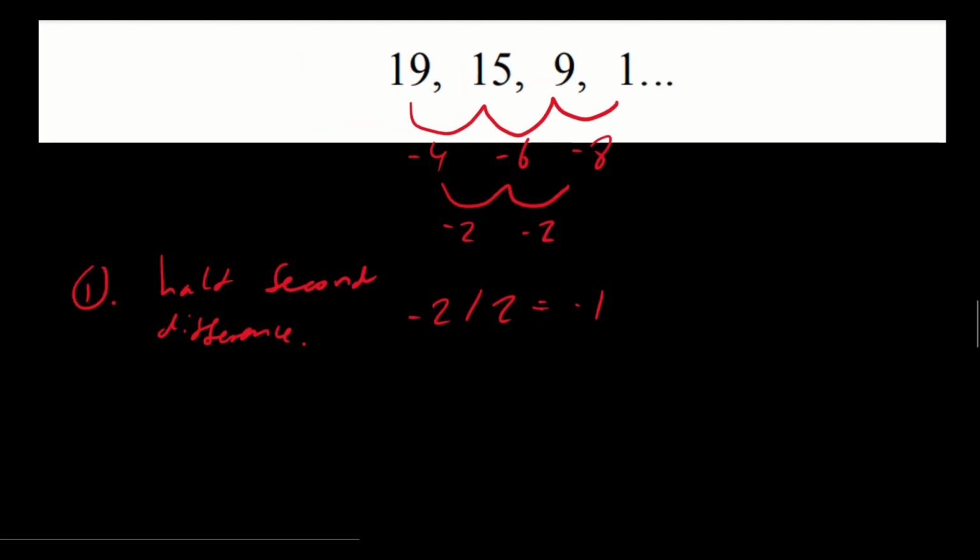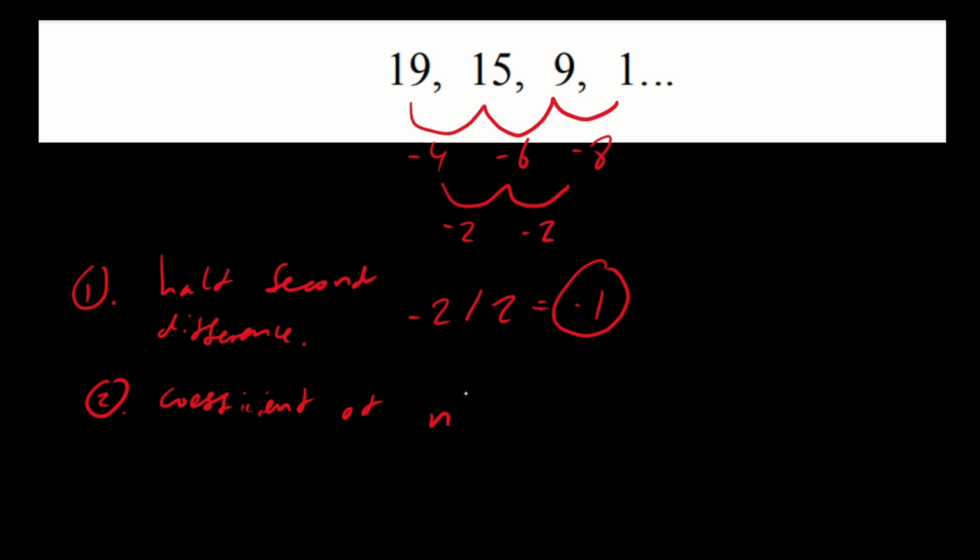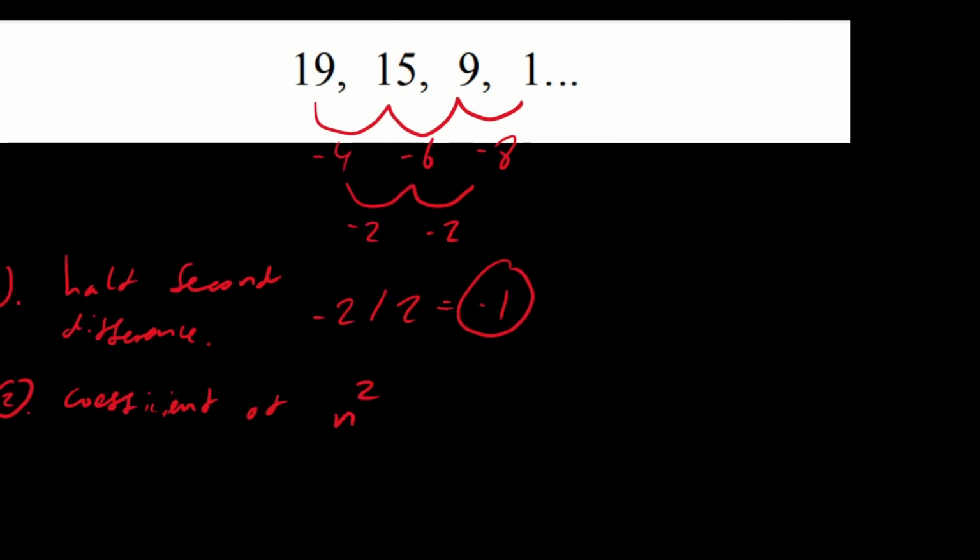Then you put this value as the coefficient of n squared. The coefficient is the value that you put in front of n squared. So in this case, it's going to be negative n squared.